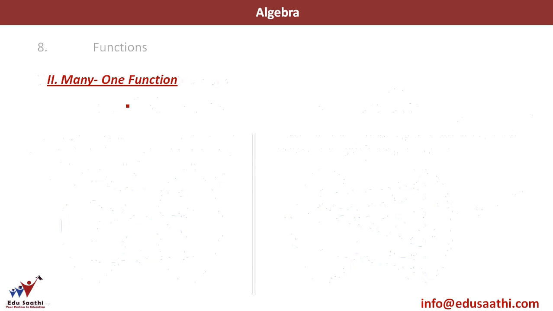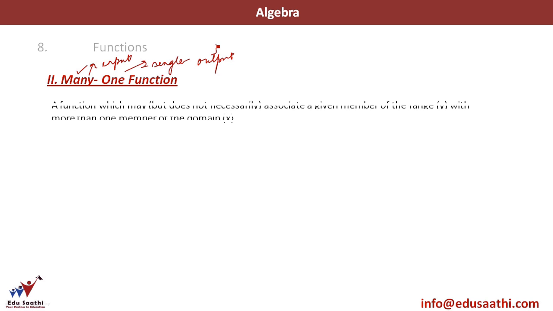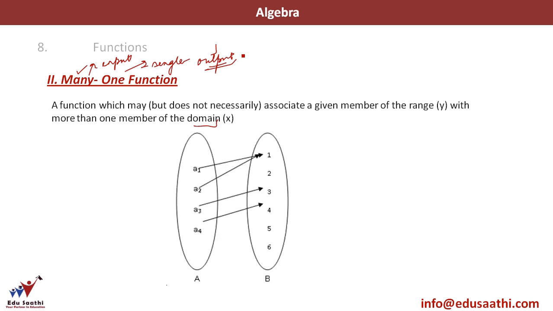And the third one is many to one. That means for many values of input, you have a single value of output as your answer. This is how it will look like.